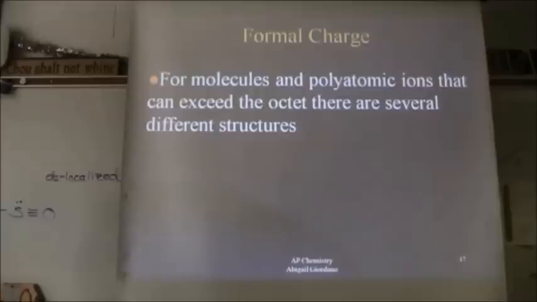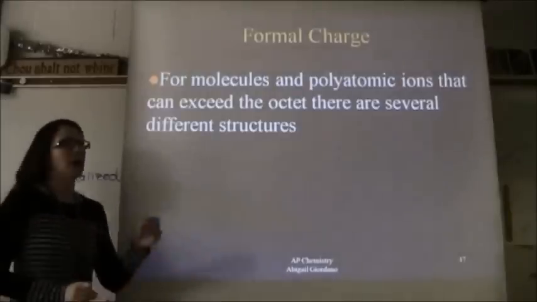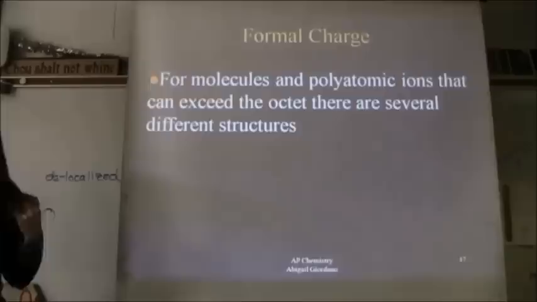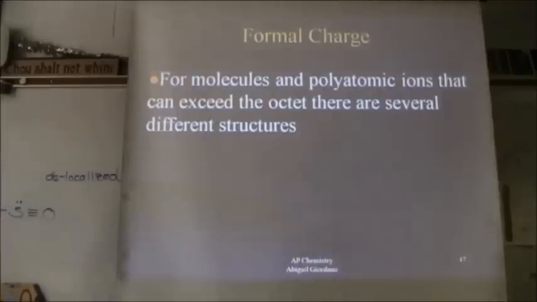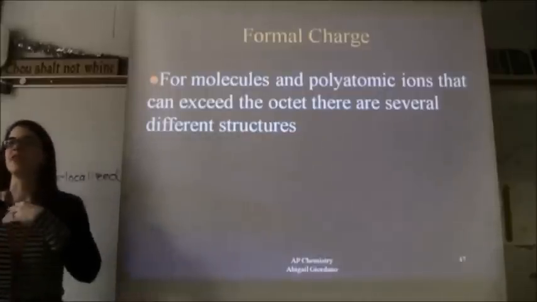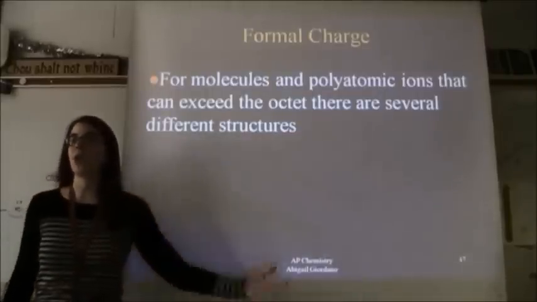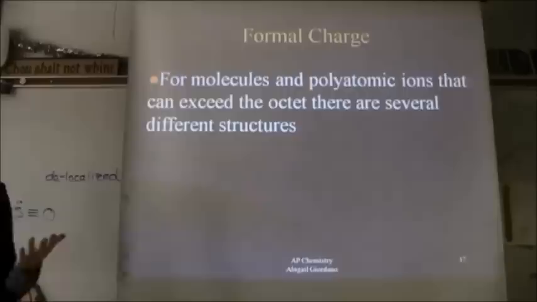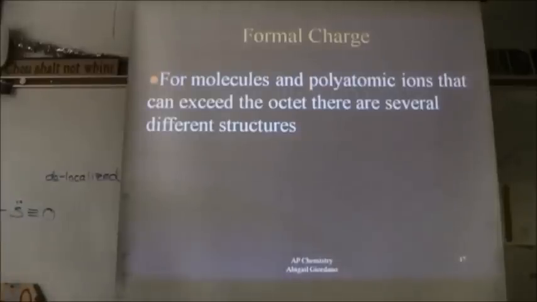Okay, formal charge, ladies and gentlemen, is a topic that comes up, particularly when we're talking about elements that can exceed the octet rule. And the point is that when you're dealing with things that can exceed the octet rule, there are many, many possible ways to draw a Lewis structure for it. Some that can look extremely bizarre.